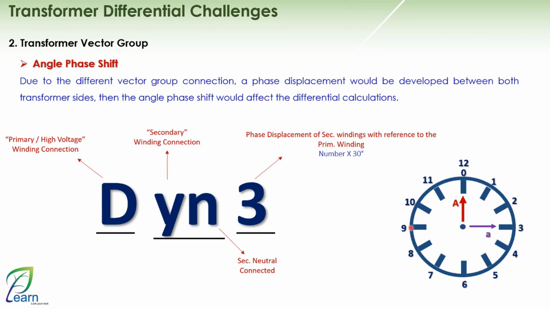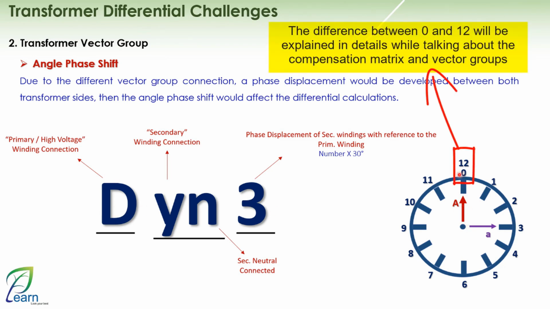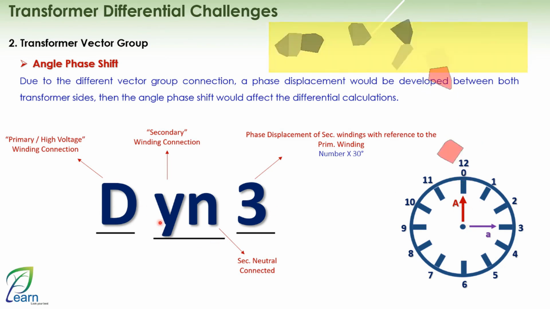That is, if we draw it in the shape of a clock, and say that the time is 12 or 0, 1, 2, 3 and so on, then we notice that the phase on the high side stopped at 0 or 12 o'clock, your reference, so you will find that on the star side, this phase is shifted relative to the phase opposite it on the high side by how much? By 90 degrees, or 3 times 30.